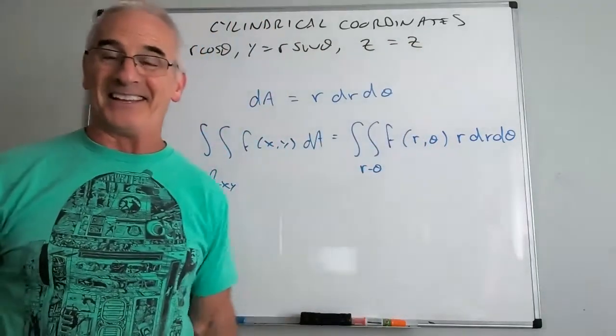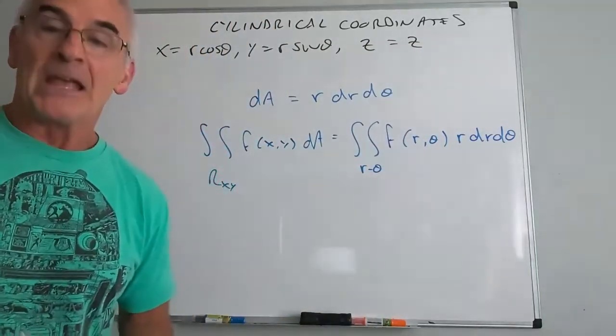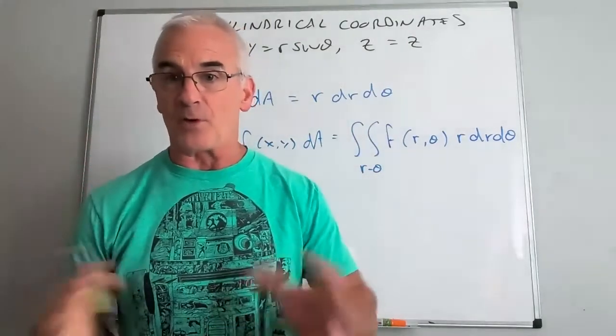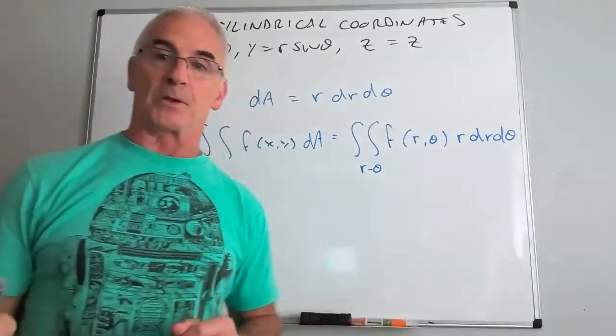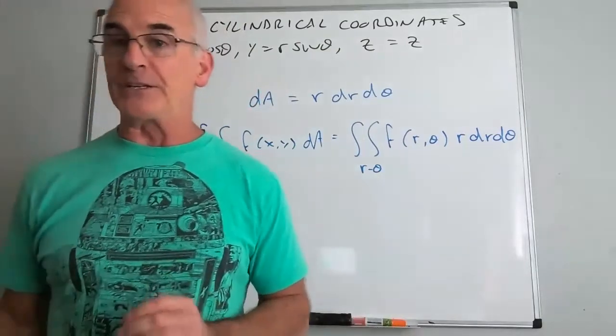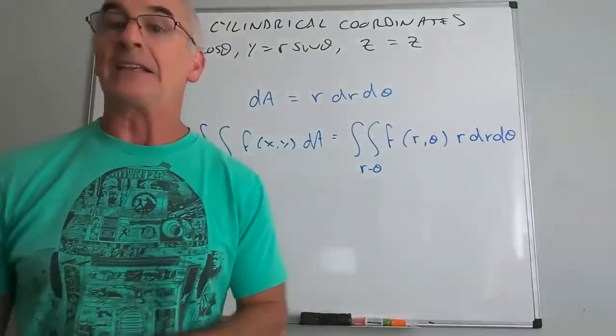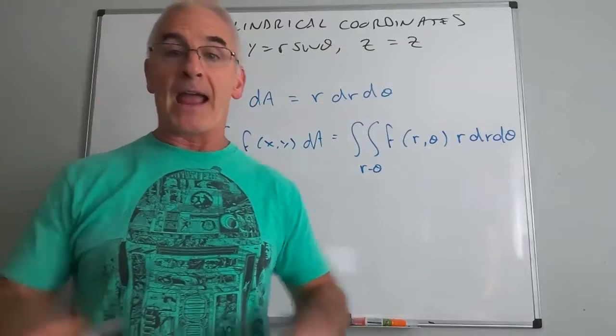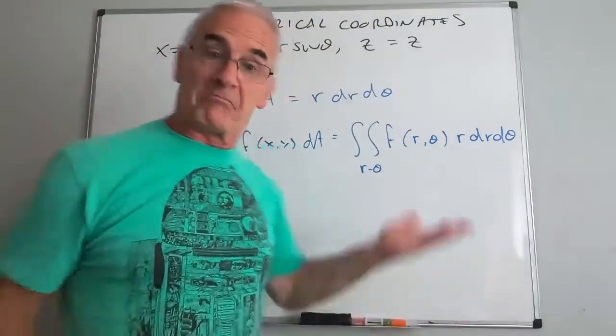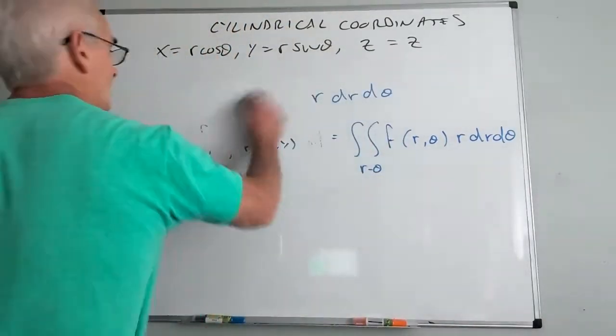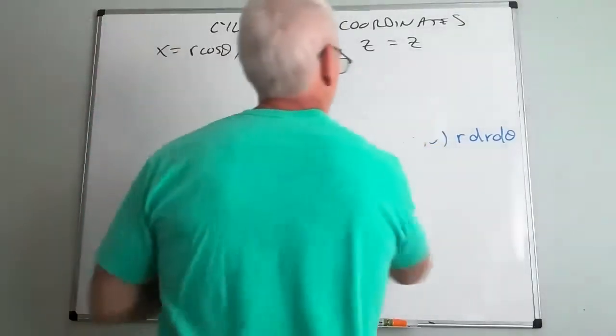You don't do anything to z. So essentially, if I have an integrand that involves x squared plus y squared in some capacity, or my region in the xy plane is circular in nature, but I have a roof, then we'll do this. So let's do a really simple example of one of these.